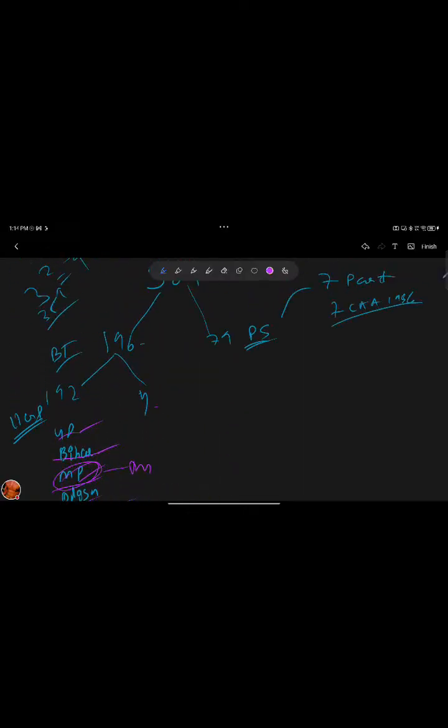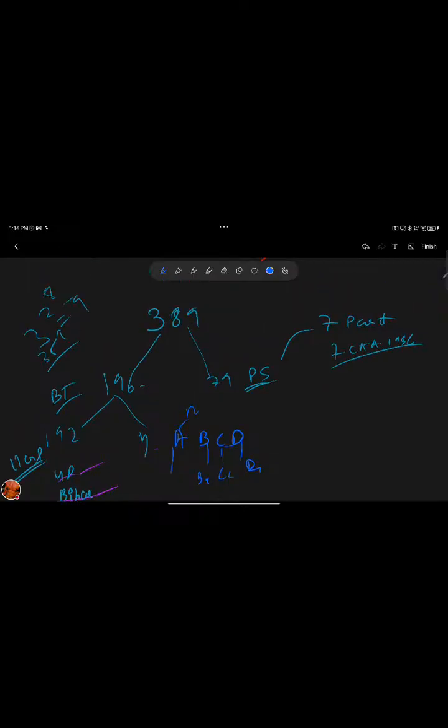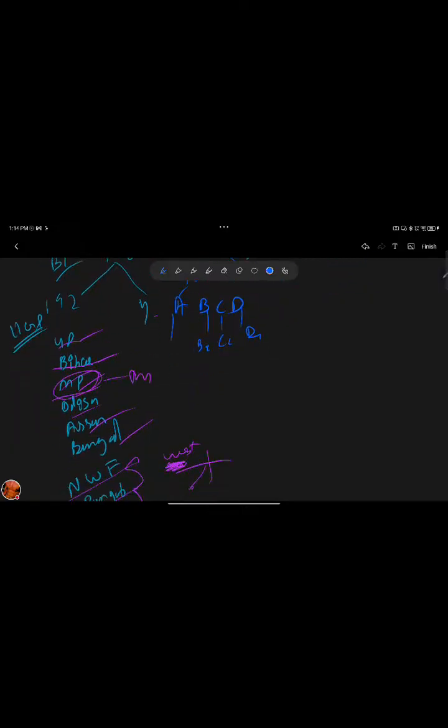Now from these, the remaining four, you can remember as A, B, C, D. B is for Balochistan, C is for Coorg, D is for Delhi, and A is for Ajmer. And the rest are some princely states. I can't know everything.